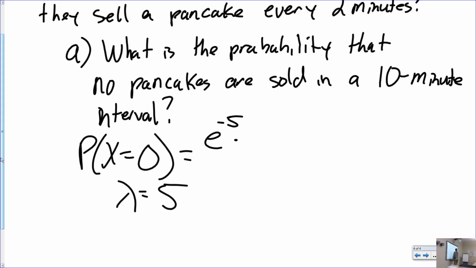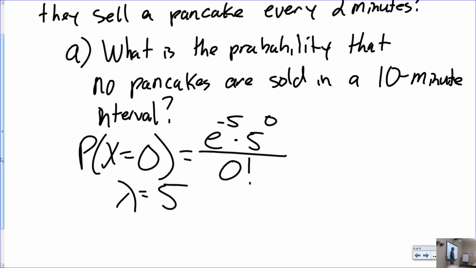Okay. e to the negative 5 times 5 to the 0th power all over 0 factorial. Folks, what is 0 factorial again? 1. So all you really have to do is do that top thing. And what is 5 to the 0th power? 1.